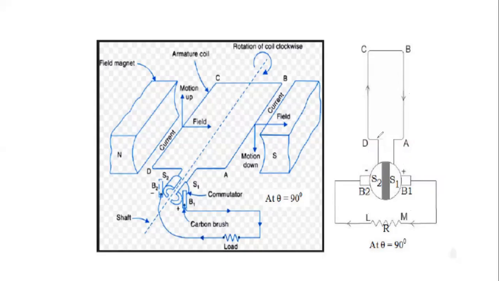Okay, B2, D, C. Okay, B, A, B1, M, L, B2, D, C. Okay, this is the direction of the current in the first case or first position.